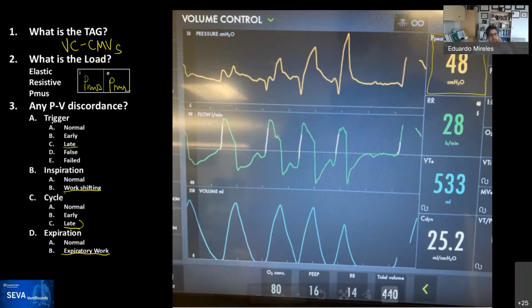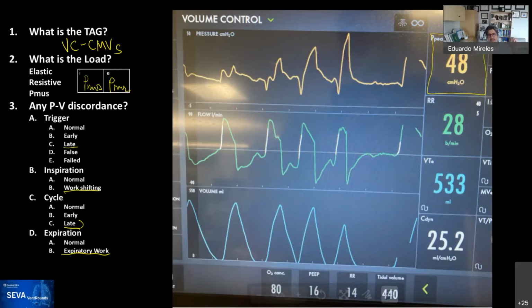So let's go over this trigger. Is it late? What you see here, Marina, is that the patient is doing more and more effort, every time higher effort after he triggers. And because he does so much effort, the machine is unable, even though the flow has gone up immediately, to keep up with what the patient is doing.